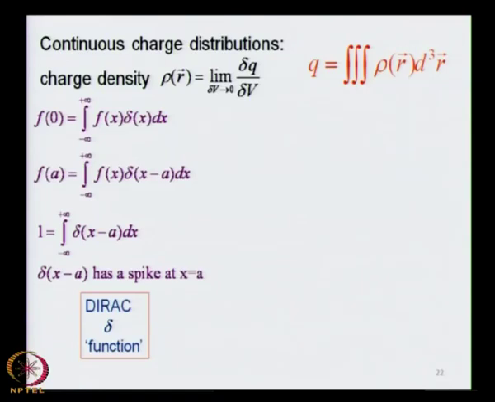So, this is the Dirac delta function, and if f of x were equal to unity, then you get this relation that if you integrate just the Dirac delta function itself, then the integral of this function is equal to 1 if you integrate from minus infinity to plus infinity. So, obviously you can see that this is a function which has got a spike at x equal to a. Sometimes it is like a function which becomes narrower and narrower in one dimensional space, but its height increases as this becomes narrow.